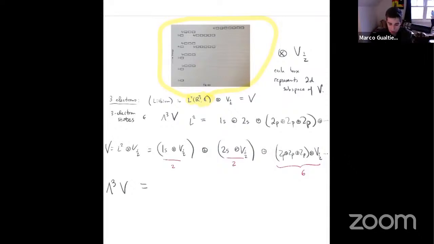Well, one possibility is to take wedge 2 of this 2-dimensional space, 1s tensor V1/2.